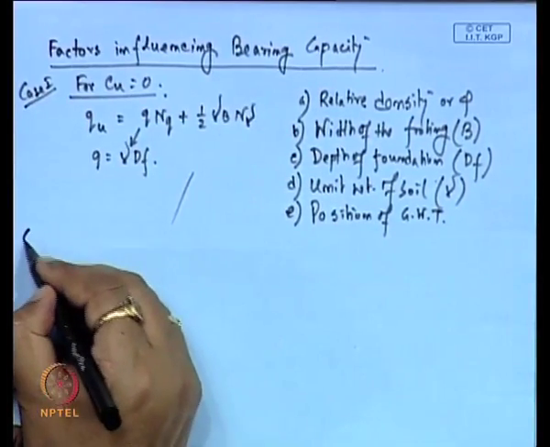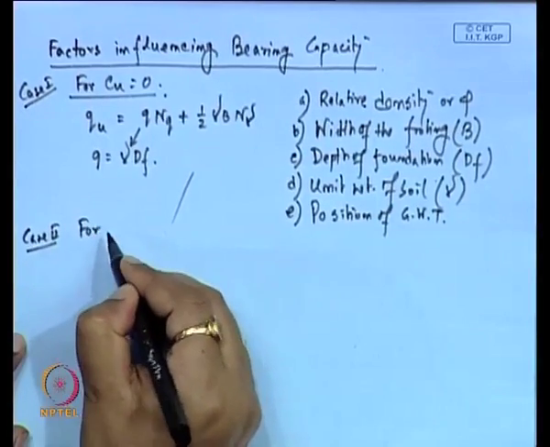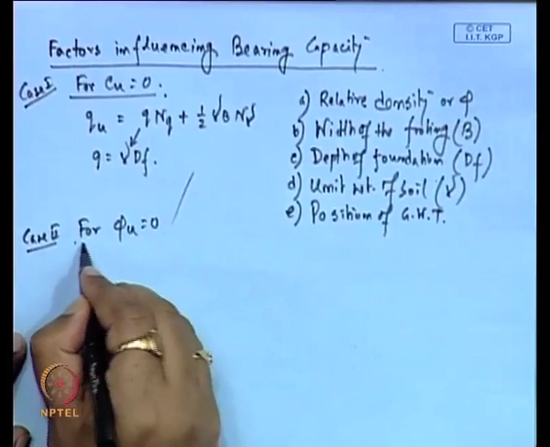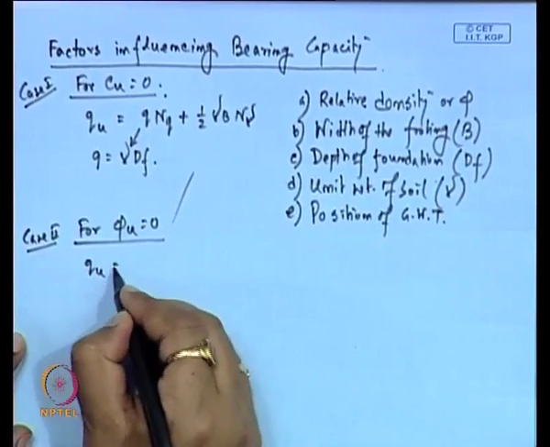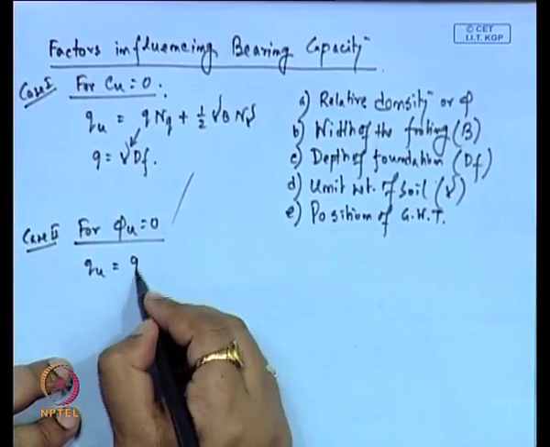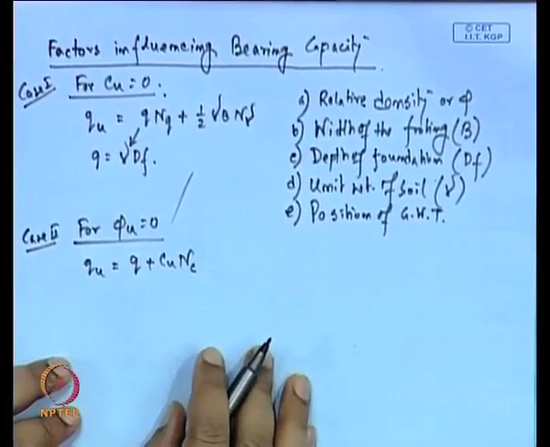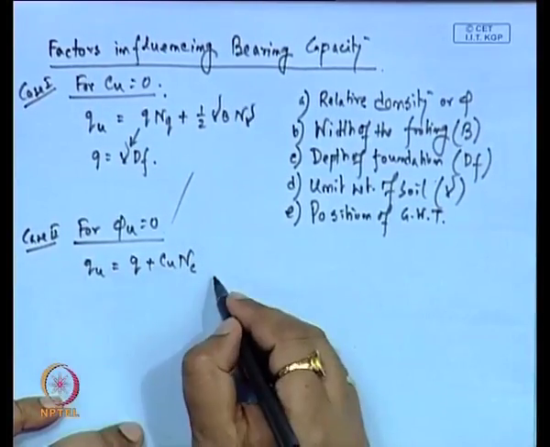So, next case, for phi u equal to 0, you can write that Qu is equal to q plus Cu Nc, and this is the ultimate load carrying capacity.